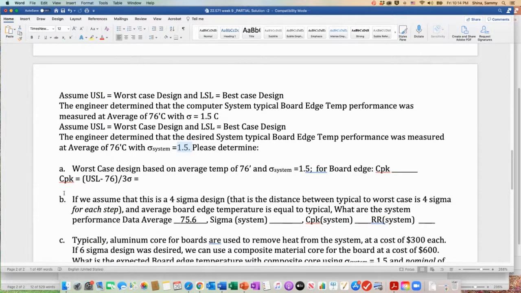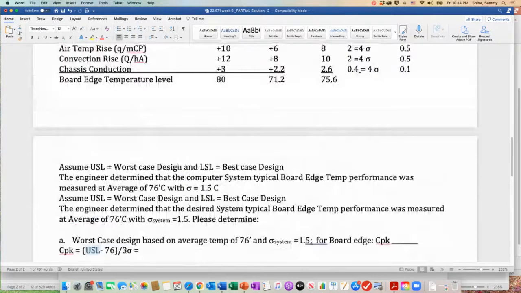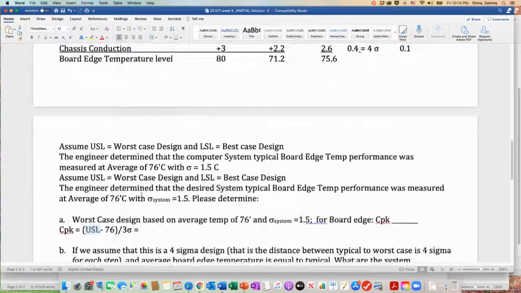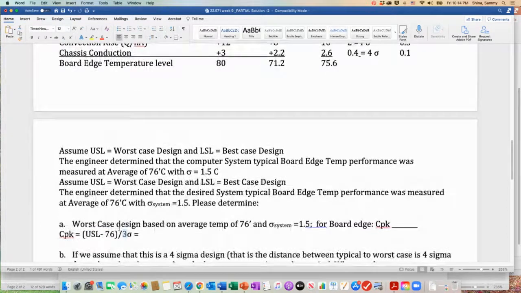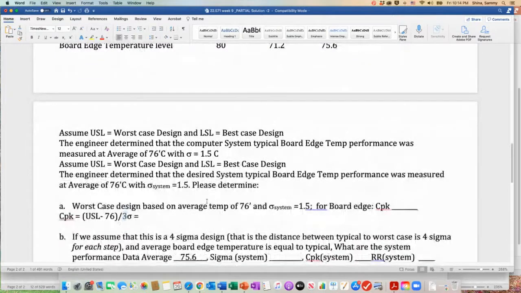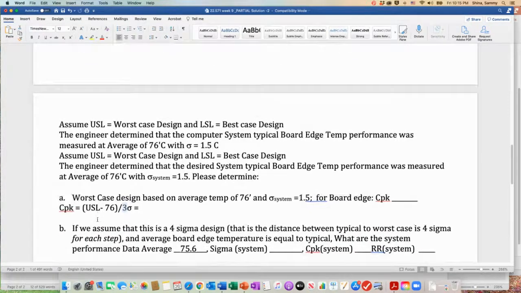CPK. Very straightforward. CPK is the upper spec limit, which is 80, minus 76, over 3 sigma. Very easy to do. You already have the sigma because it was given to you as 1.5, and the upper spec limit. So I already solved it for you.